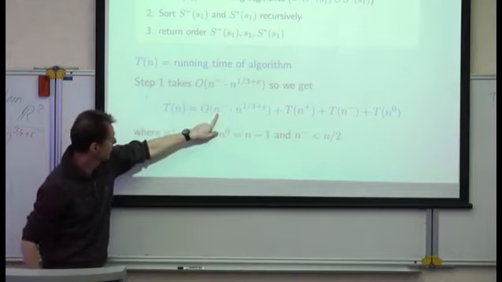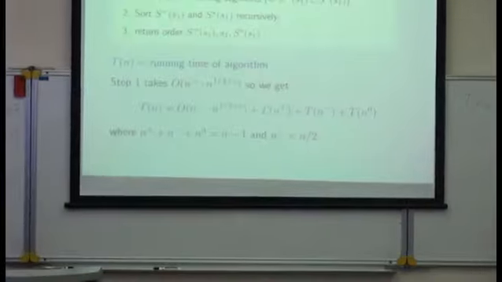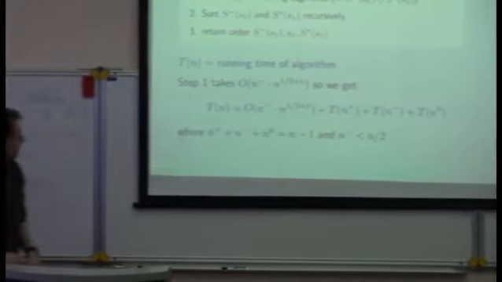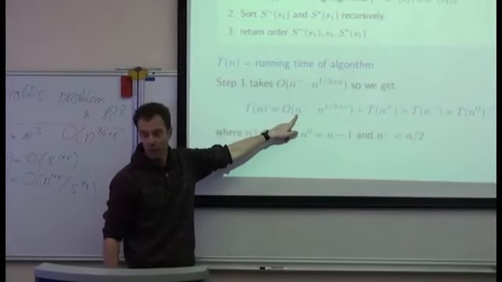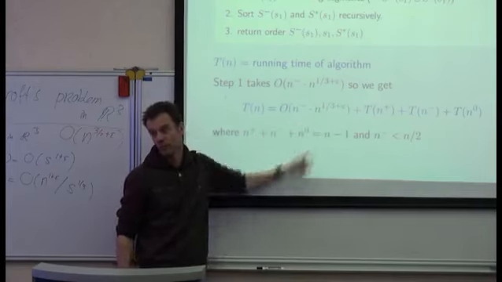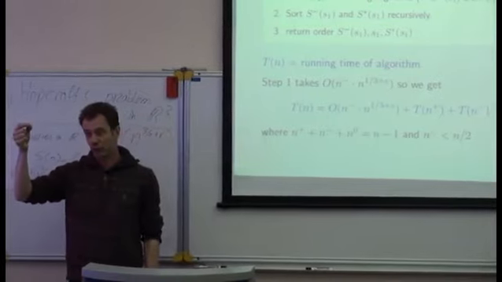A different way of looking at it is that for each of the segments in S minus, I spend n to the 1/3 time. So how often do I spend n to the 1/3 time for a segment?